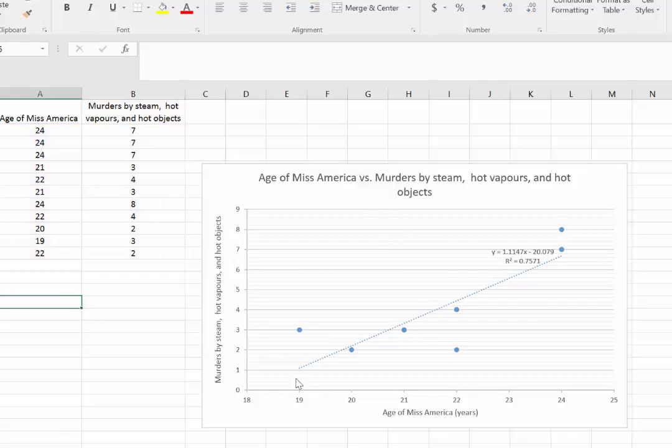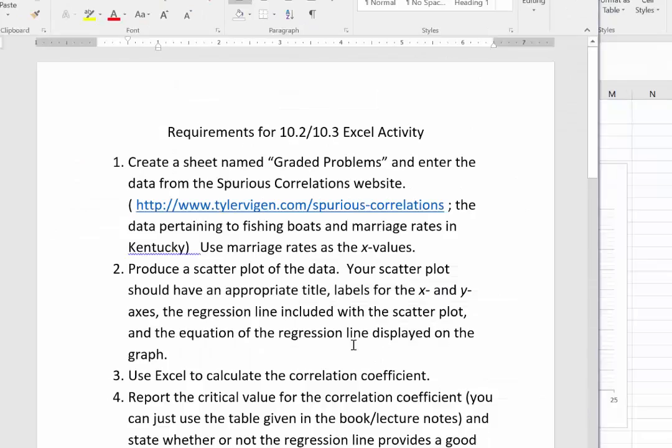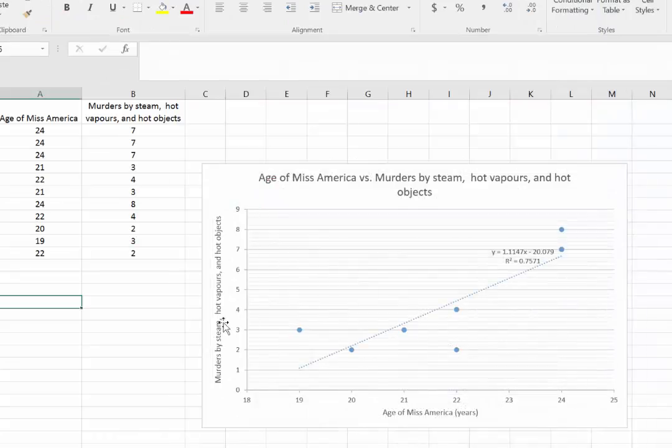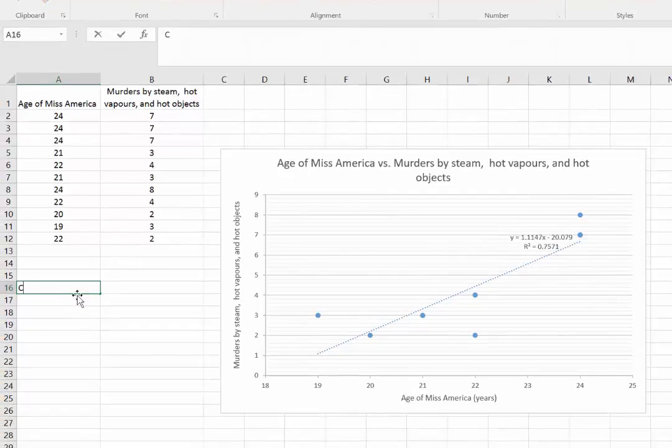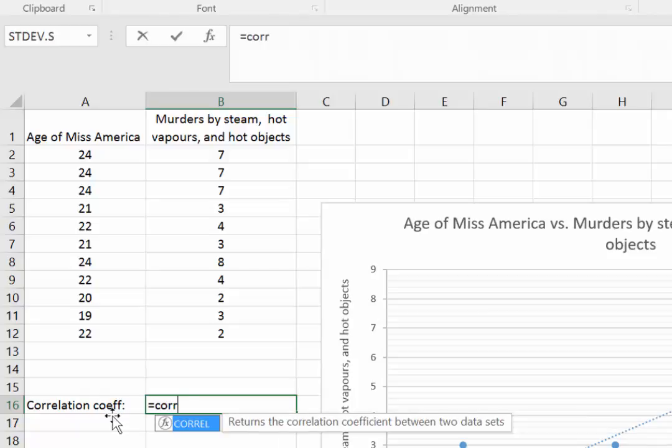We're going to use Excel to get the correlation coefficient. I think I say that as well. Yeah, use Excel to calculate the correlation coefficient. So give it a label. And then we just start out with equals CORREL, parentheses.